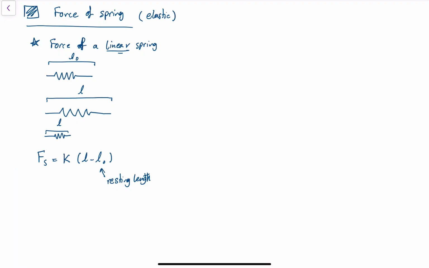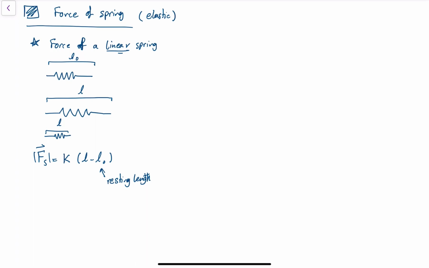And that is the force. We should be careful what we really define as this force. This is the magnitude of the force. But we also need to worry about its direction.